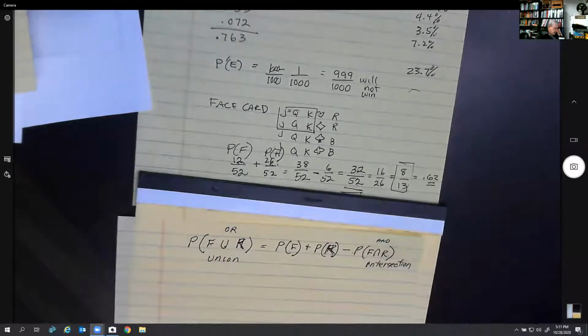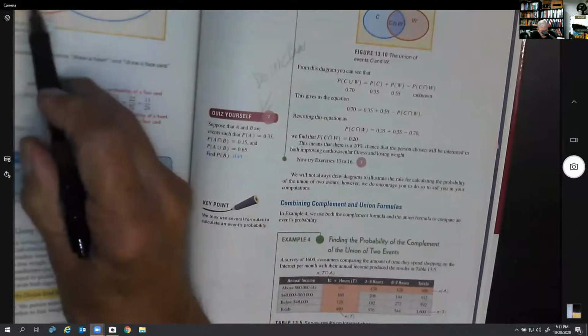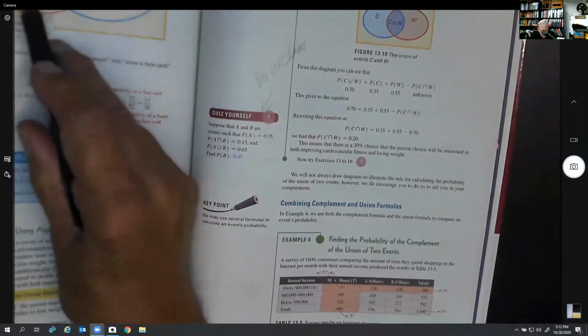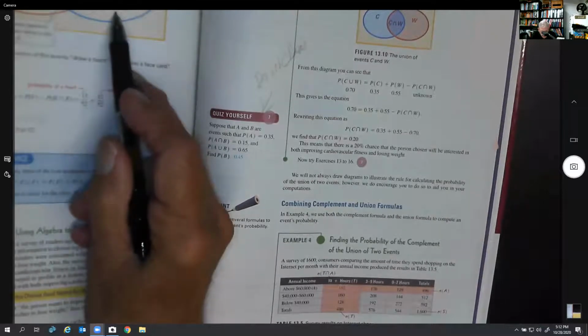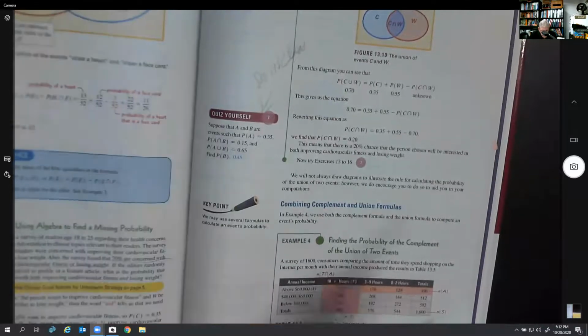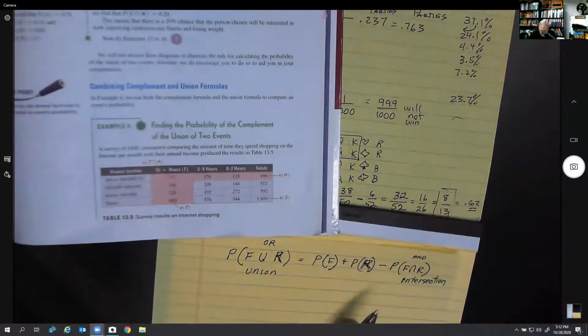An example would be, they had one in a book here where they just used hearts. The probability that you picked a face card and then you picked a heart, but these cards are both hearts and face cards. So that's how they did it. Let's do that one.